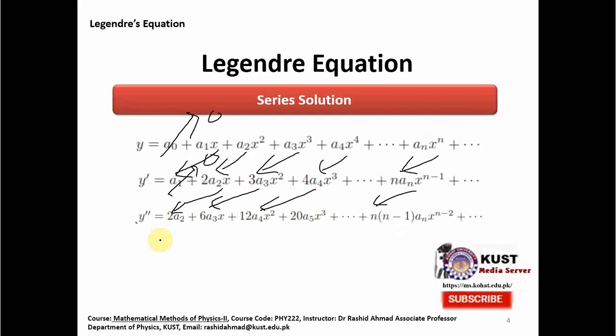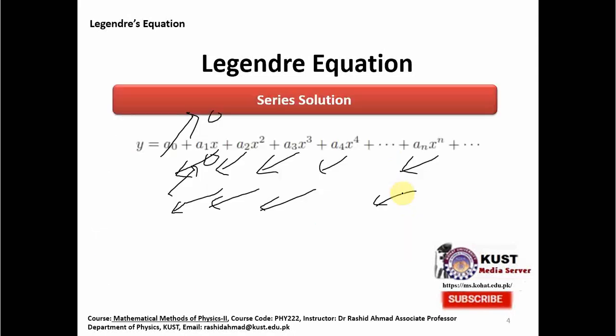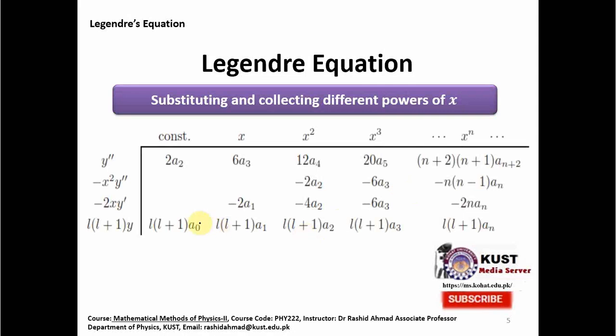So if you look back over here, you will see that this L into L plus 1 term, once we have put everything in the Legendre equation, in y we had a constant term a naught, so when we put a naught, this gives us the constant coefficient, as you can see over here, a naught getting multiplied. So this coefficient is actually coming from the first term in y. So these were about the constant coefficients.